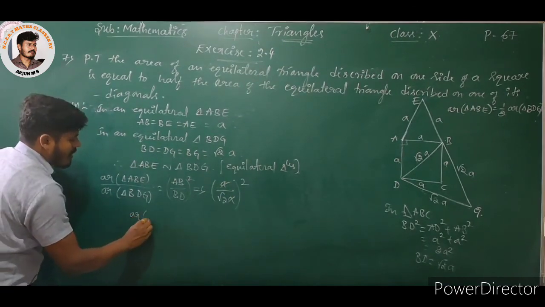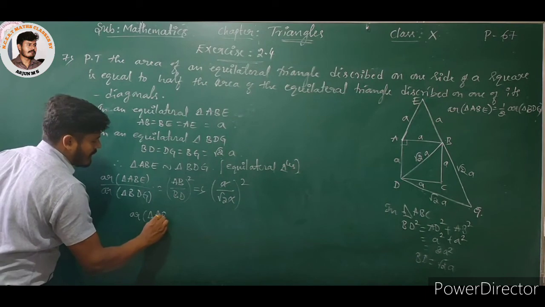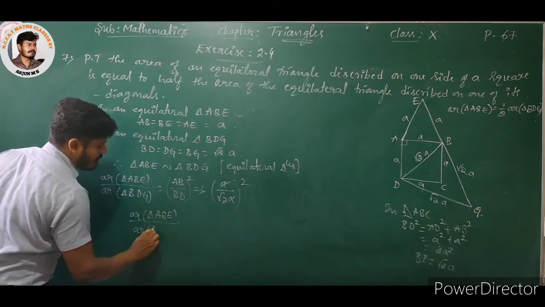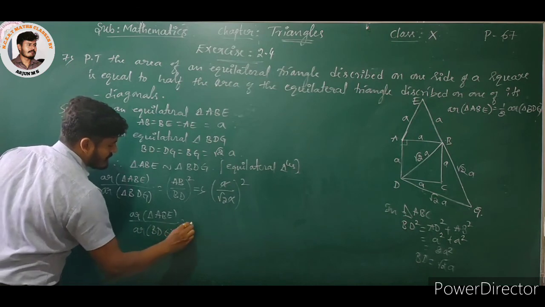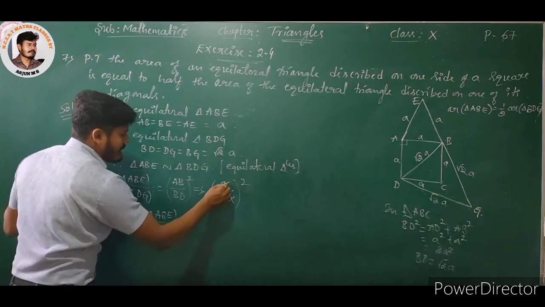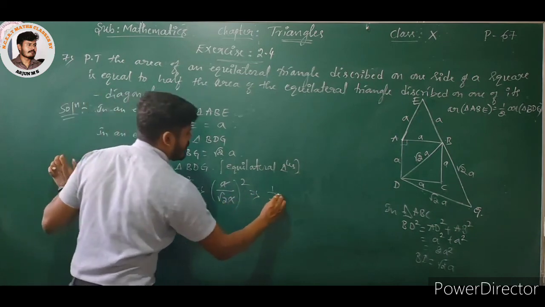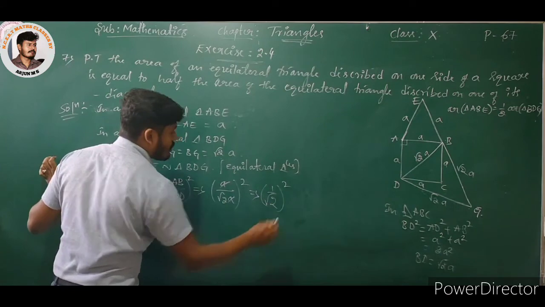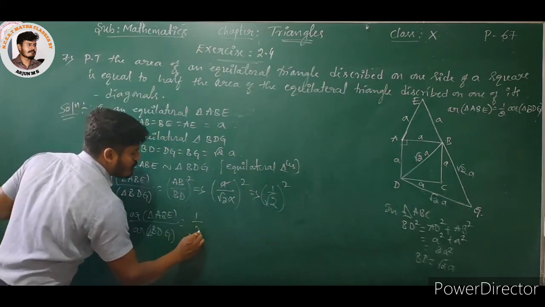So area of triangle ABE divided by area of triangle BDG is equal to 1 divided by 2, whole square, which is 1 by root 2 whole square, which is equal to 1 by 2.